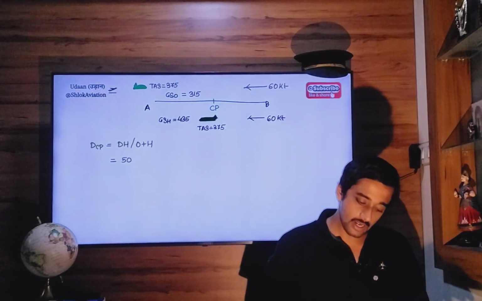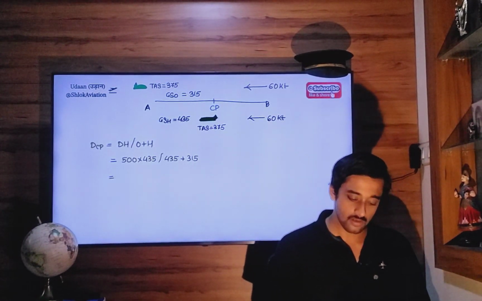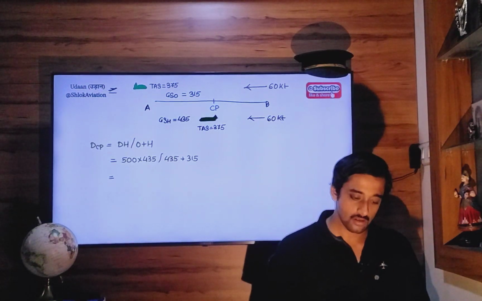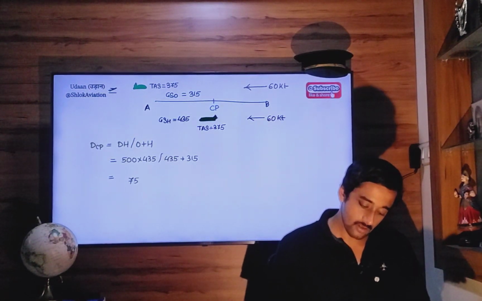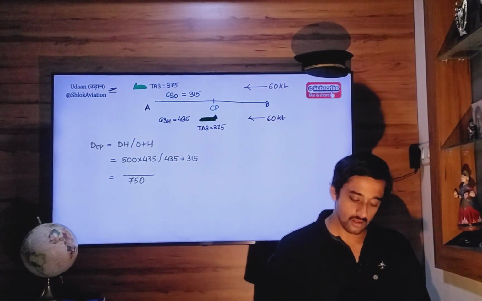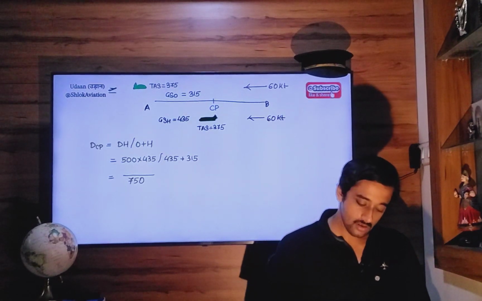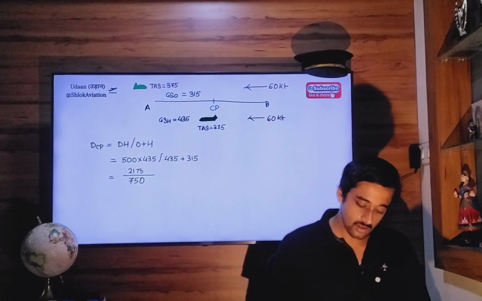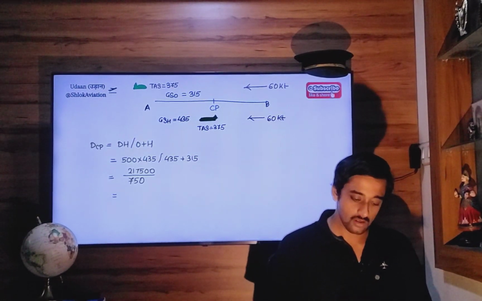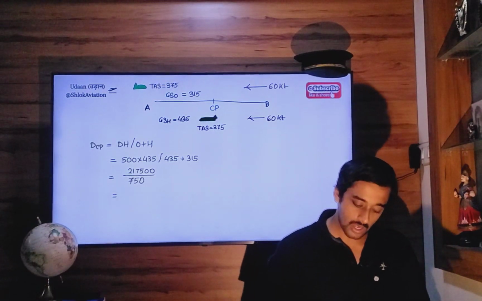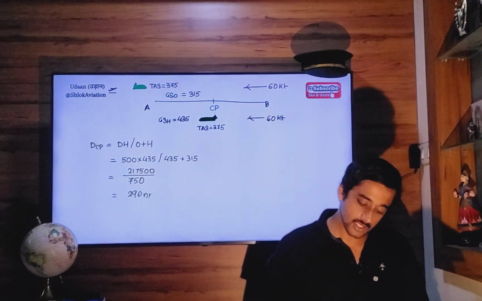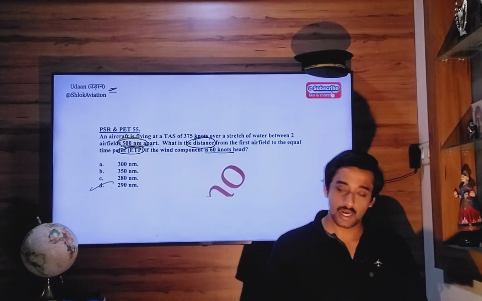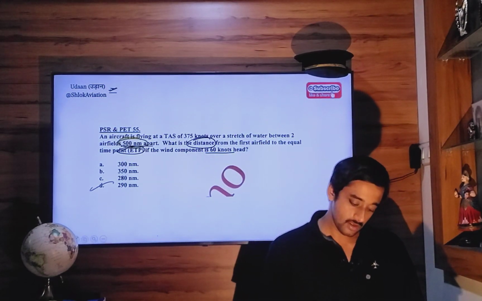So 500 into H, 435, divided by 435 plus 315, so 750. So 290 nautical miles. So option delta is the right answer.